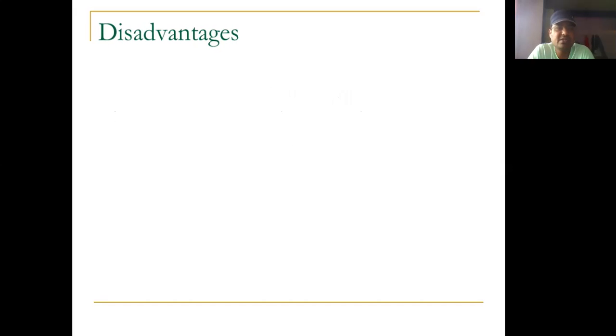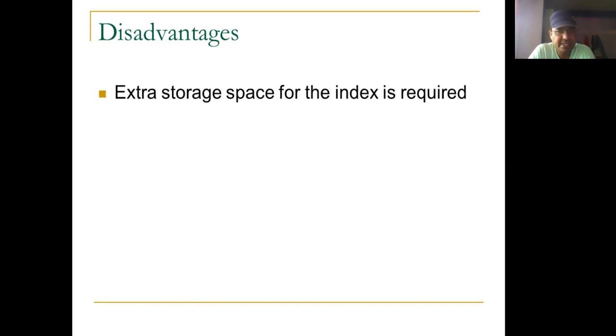Next is a limitation of index sequential file organization. Extra storage space for the index is required, because the index field is appended to every record, and due to this index field extra storage space is required.